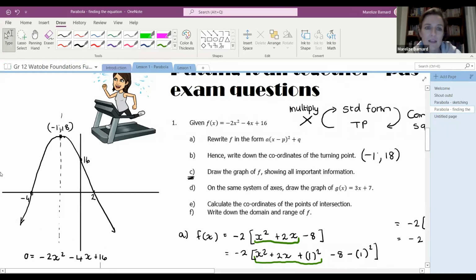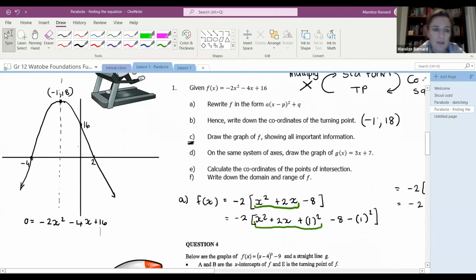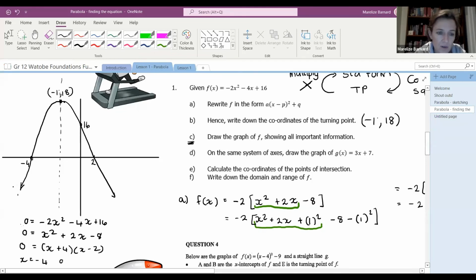Okay, and then you can divide right through by -2 and get 0 is equal to x squared plus 2x minus 8, and then we factorize that, and that's x plus 4, x minus 2, and then x is -4 or x is 2.